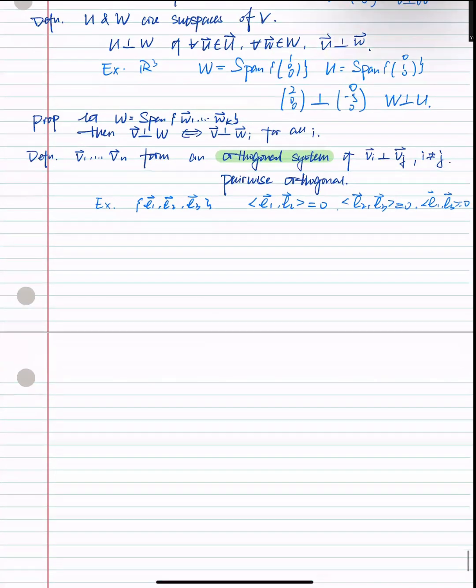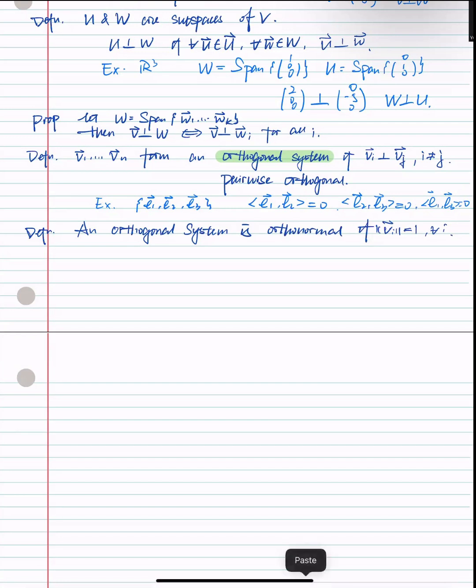By definition, an orthogonal system whose vectors have length 1 is orthonormal. All right.